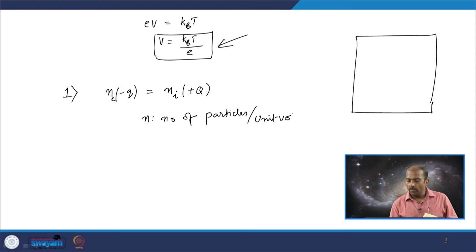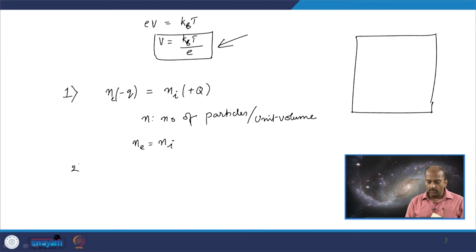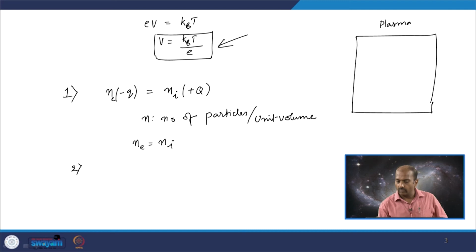So, this plasma has an equal number of particles. We have considered a plasma such as the one confined within this box. So, what are the characteristics of this plasma? It is such that the total number of electrons is equal to the total number of ions.